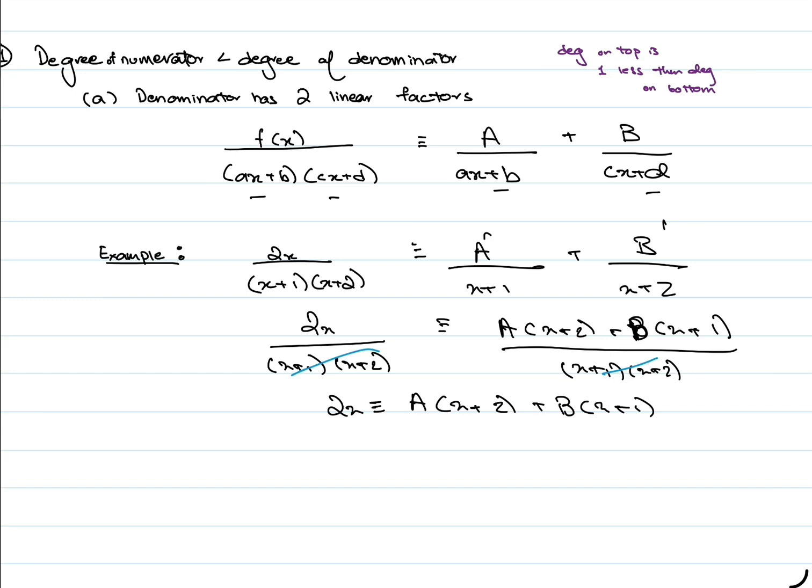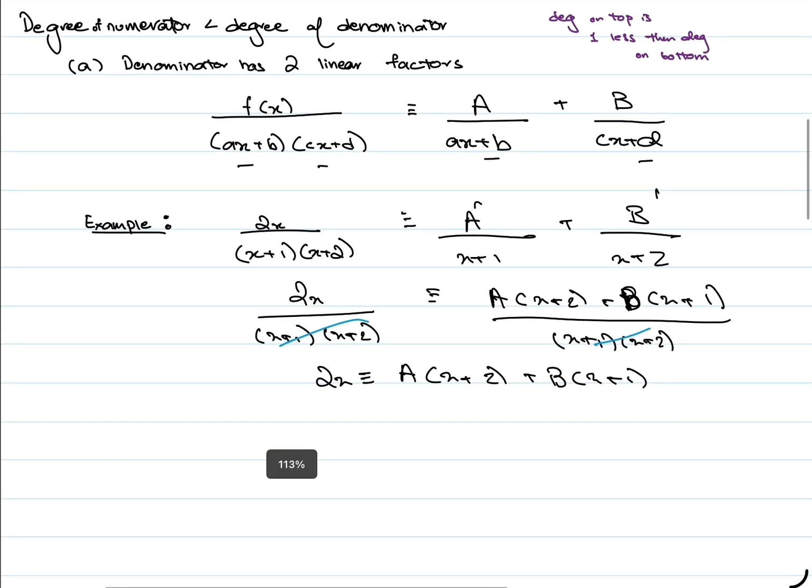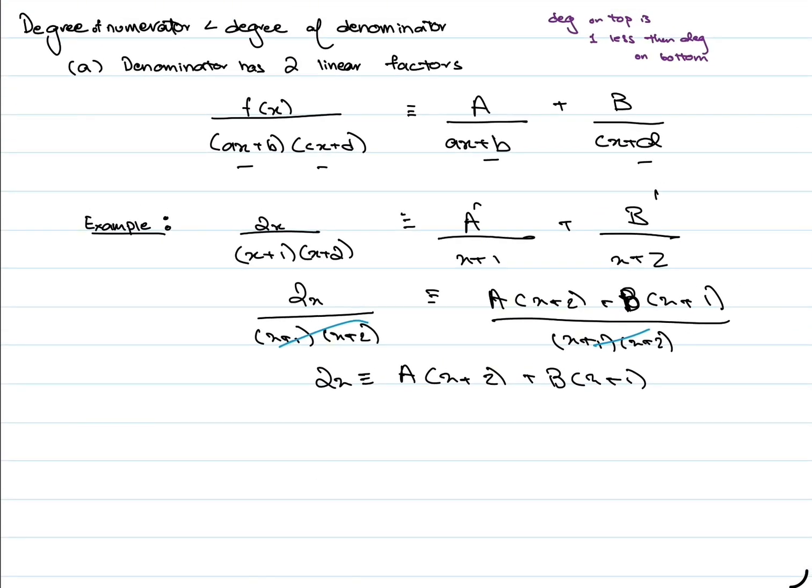Since they're equivalent, you can substitute in any value of x and you'll get the same expression on both sides. But we can be smart about this, and we're only trying to solve for a and b, right? First let's solve for a. To solve for a, we want to get rid of the other unknown.